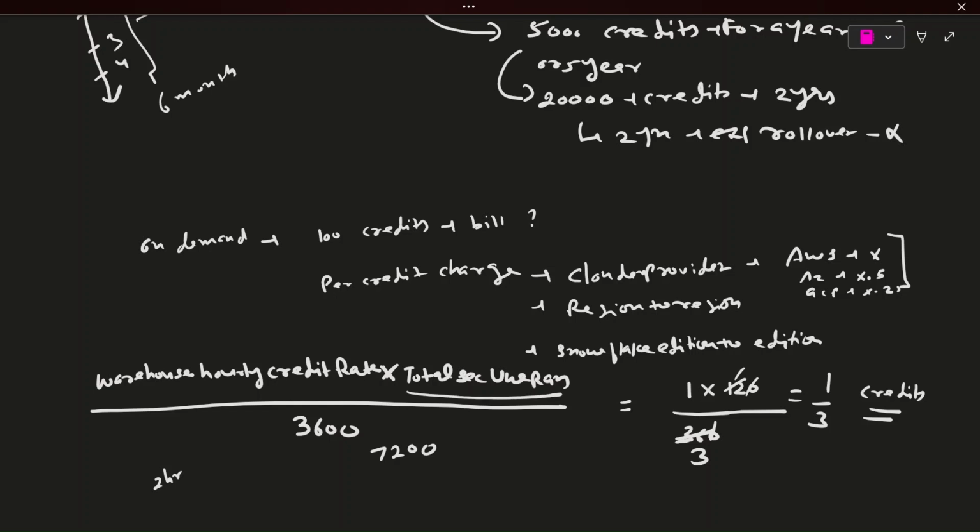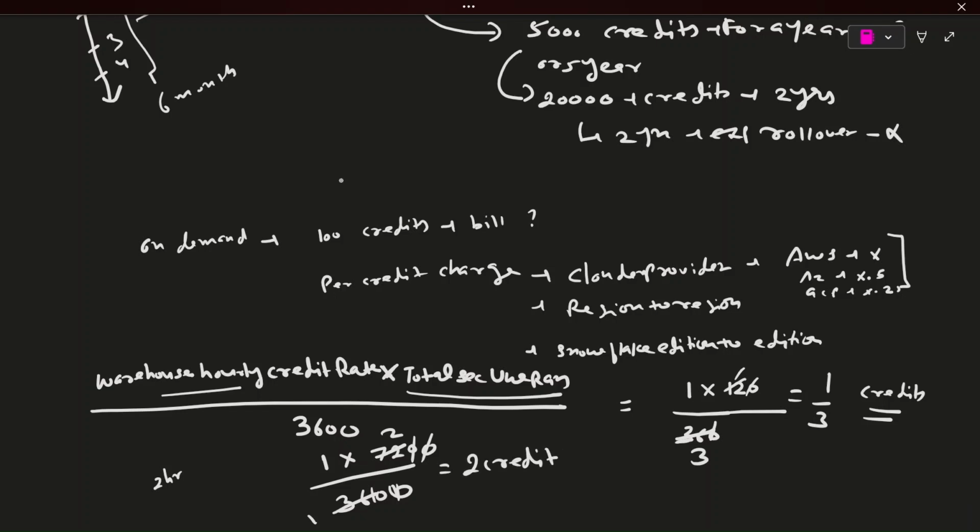And I took, let's say, small again. So small hourly credit rate is 1. Multiply this, divided by 3600. Basically 2 credits I am going to consume.